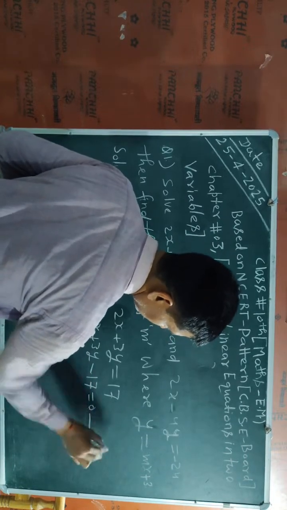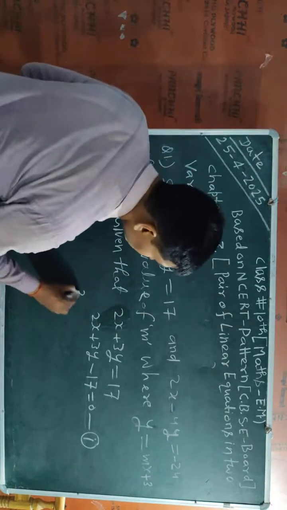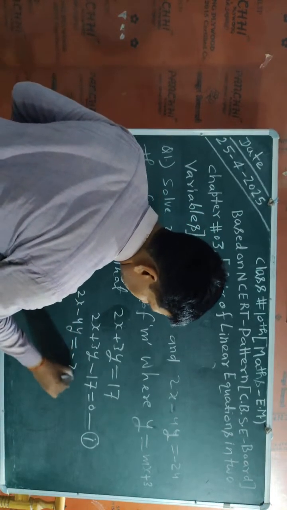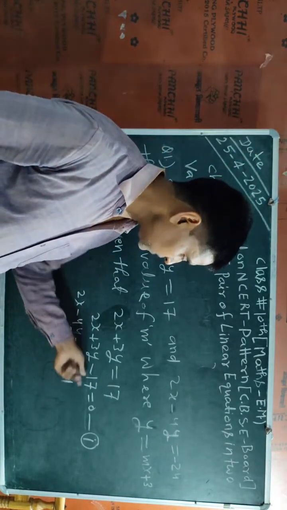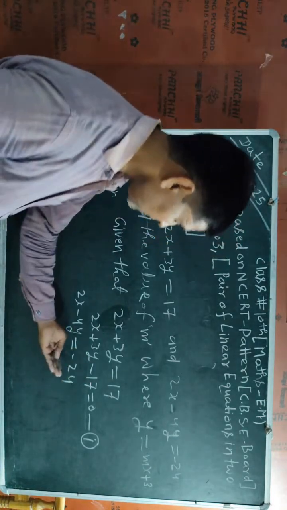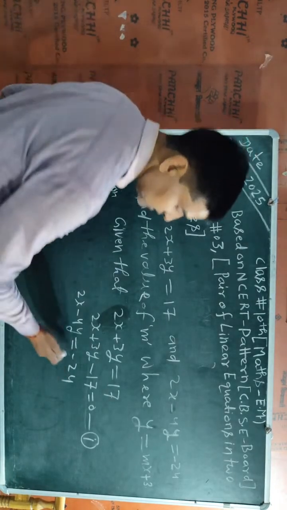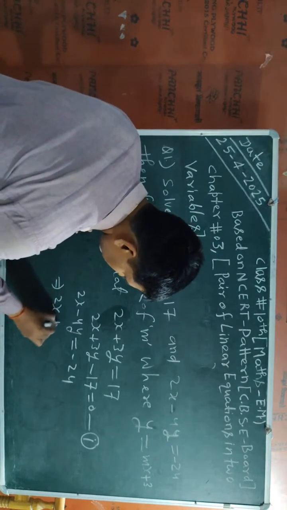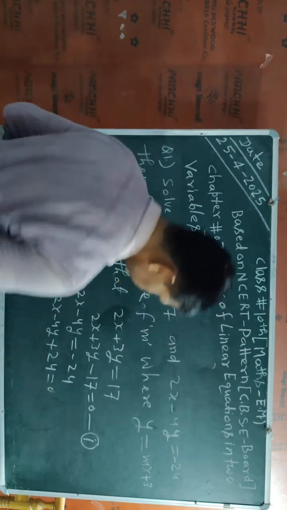This is equation number 1. Similarly, the other equation is 2x minus 4y equals minus 22. I will arrange it in the form ax plus by plus c equals 0, taking minus 22 to the left side so the sign changes: 2x minus 4y plus 24 equals 0.